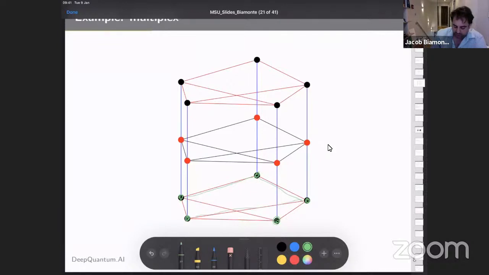Let's assume these are ZZ interactions, and then we could have local sigma X, sigma Y, etc. And then we cycle this back and forth, and it goes on forever. This is how the quantum supremacy demonstration circuits worked. This is what's called the hardware efficient ansatz. It just relies on this natural connectivity graph. Time here is going up on the page. So this is time.